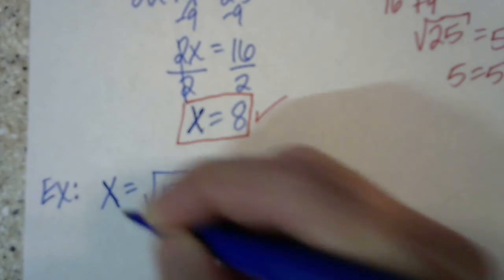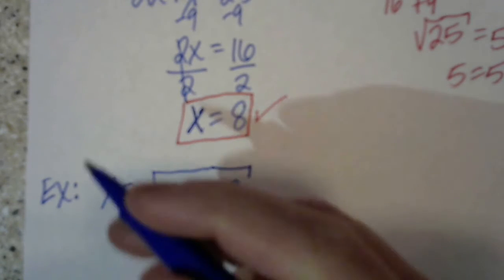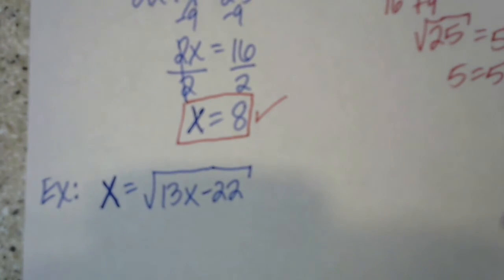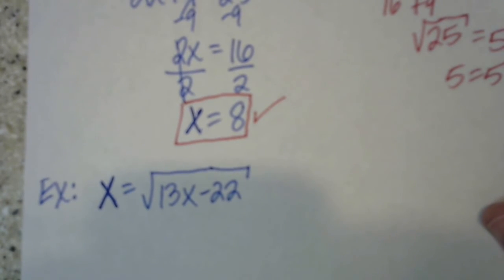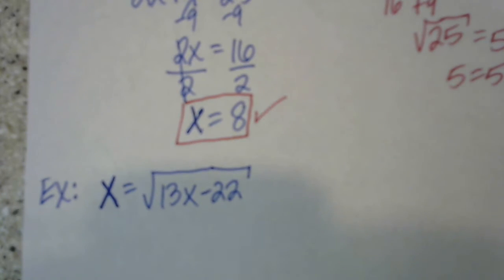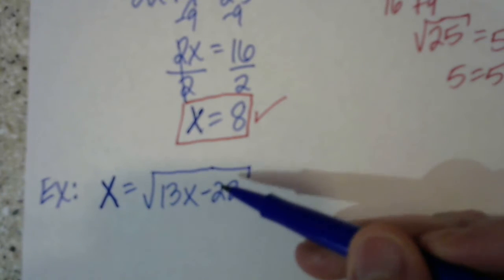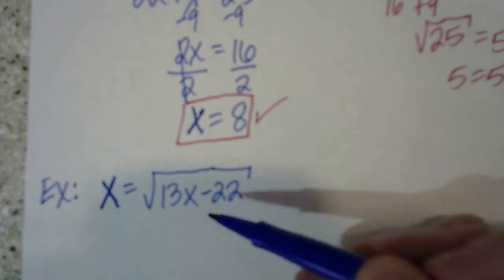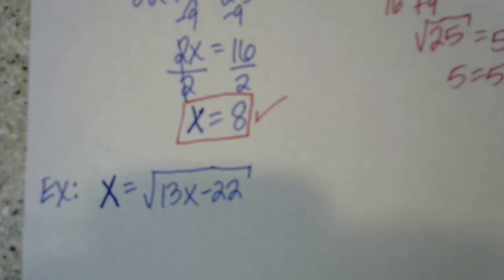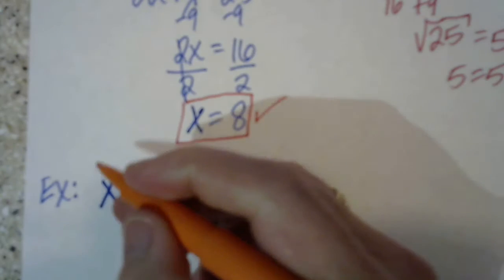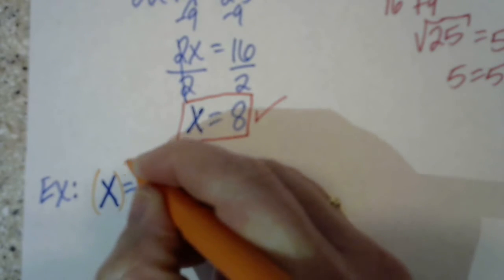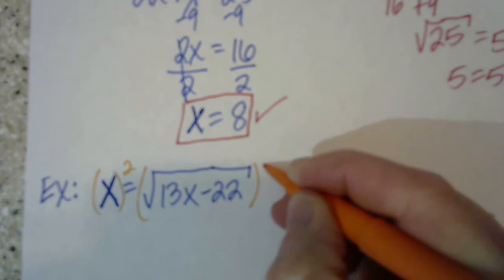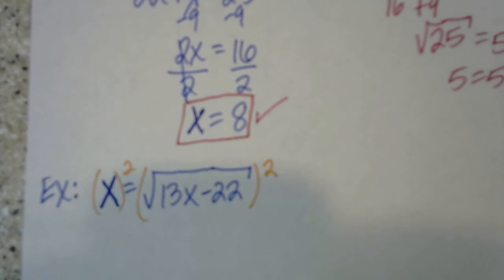So this is slightly different because I have an x on one side of my equation instead of a number, but that's okay. I still have the radical portion of my equation on one side, so that's good to go. As long as that radical expression is by itself on one side of your equation, you are ready to square both sides. Okay?